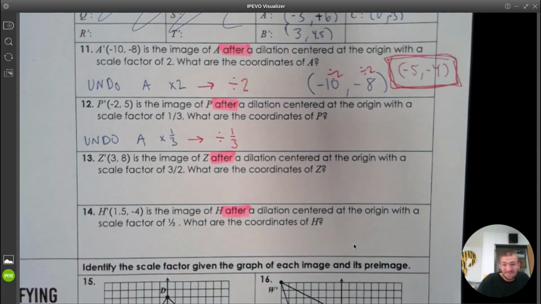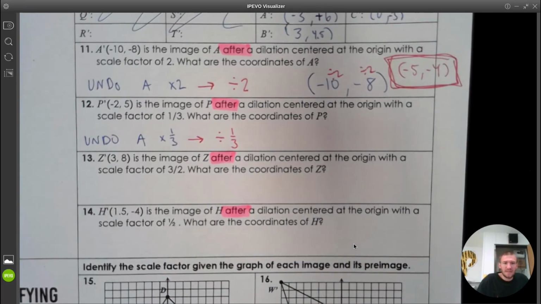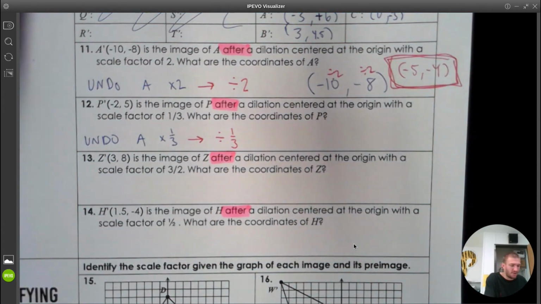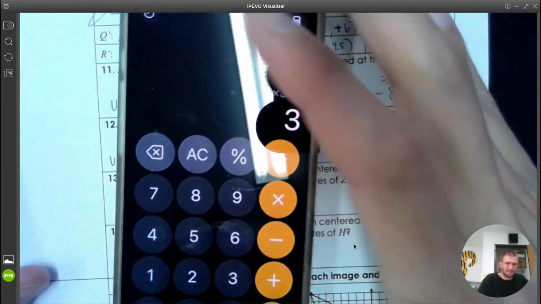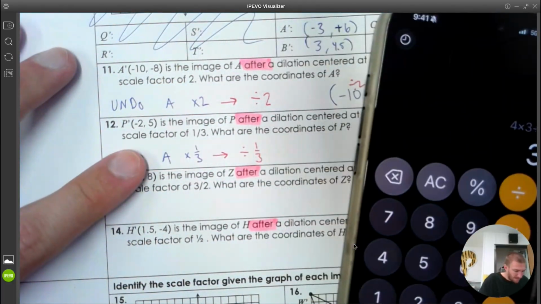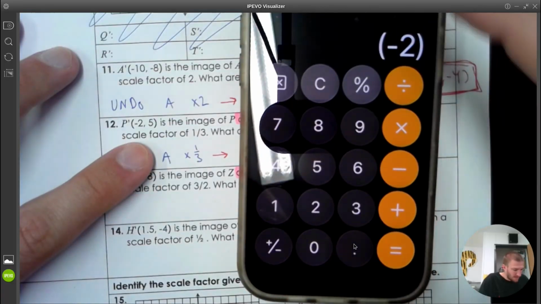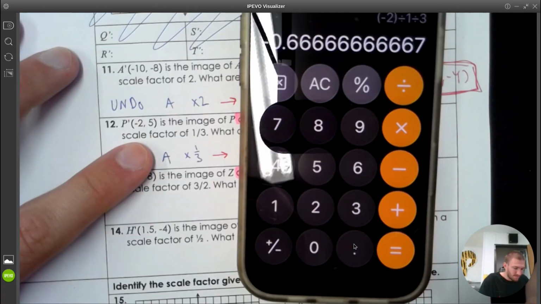Now, honestly, dividing by fractions is something that nobody likes to do. Dividing by fractions is a little bit ugly. I remember that you learned this in Algebra 1. You learned the keep, change, flip method. And if we want to divide by 1/3, we have to be a little bit careful of how we type it in. If I type -2 divided by 1/3, I get this number.